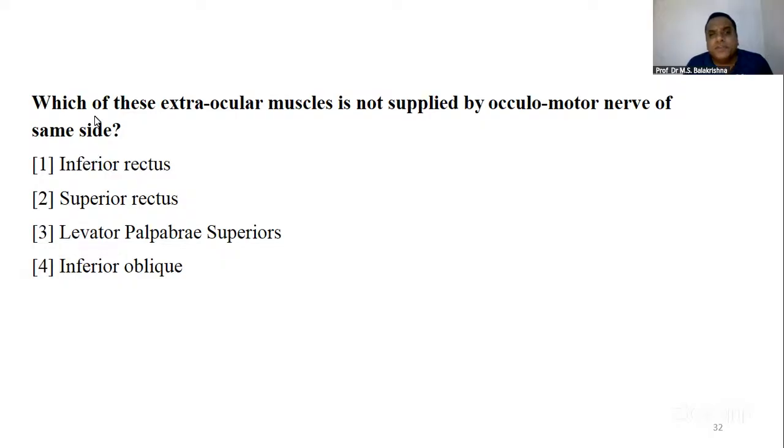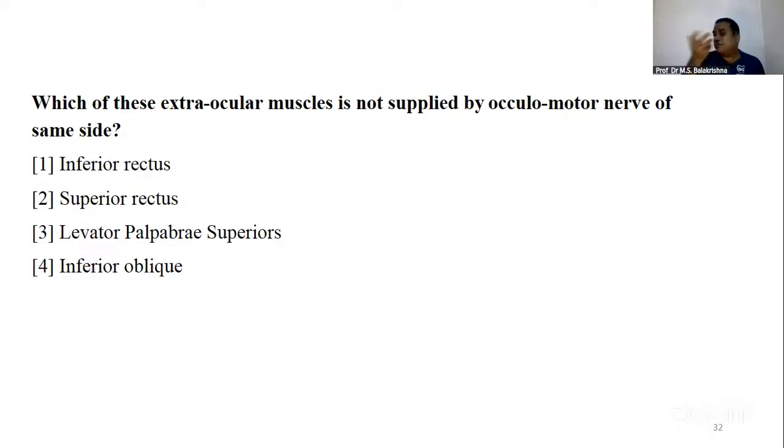So which of these extraocular muscles is not supplied by the oculomotor nerve? Basically remember SO4, LR6. Superior oblique is supplied by the fourth cranial nerve, the trochlear: SO4. Lateral rectus is supplied by the sixth cranial nerve, the abducens: LR6. All the others are supplied by the oculomotor nerve.